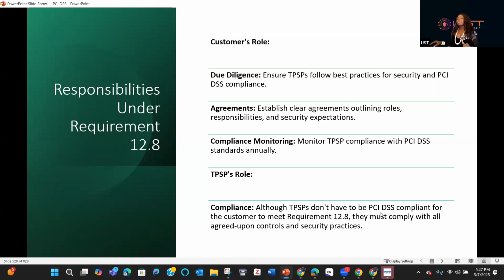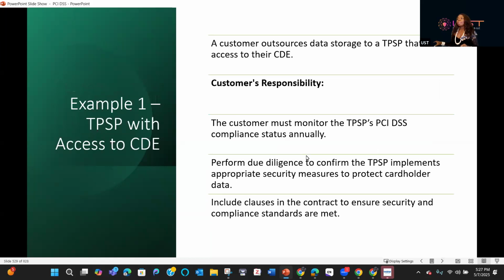Although the third party doesn't have to be PCI DSS compliant for the customer to meet requirement 12.8, they must comply with all agreed-upon controls as well as security best practices. And then say a customer outsources data storage to a third-party provider that has access to their card data environment. What is your own responsibility?